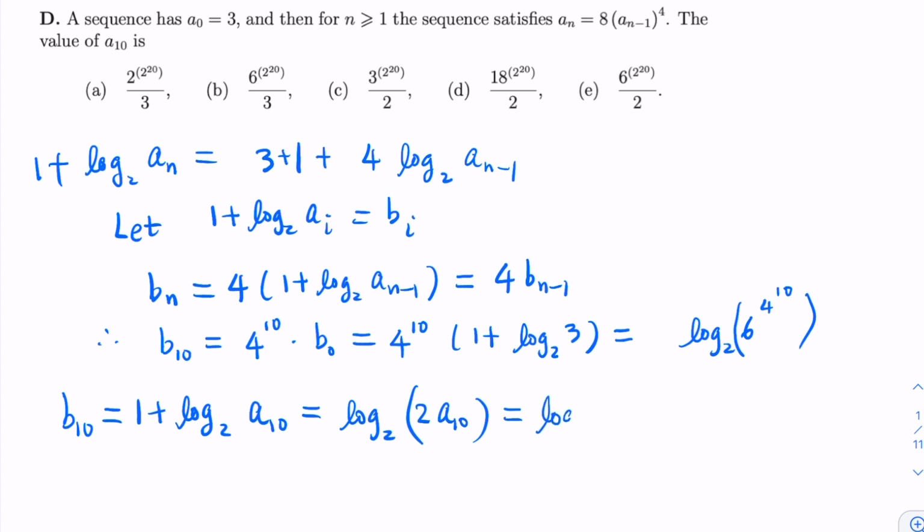Earlier we said that is 6 to the 4 to the 10th power. Yeah. So what is a10 here? These two are equal to each other, right? So a10 is going to be 1/2 of 6 raised to 4 to the 10th power.